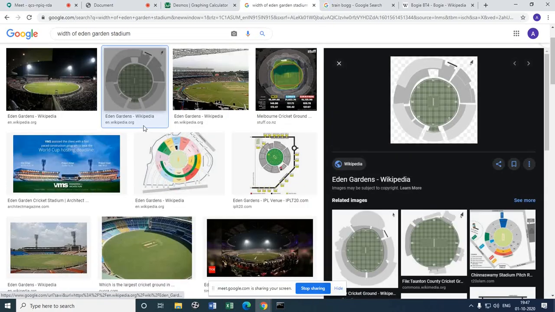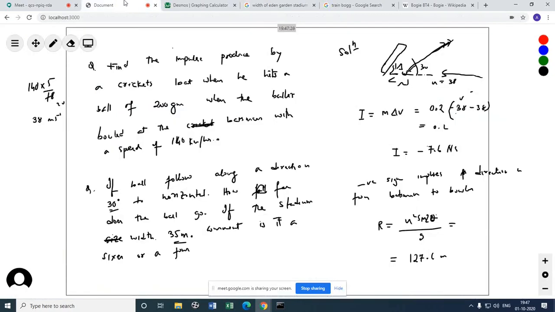How much did you get? Sir, I got 124.906 meters. So 124, that is 125 meter, right?